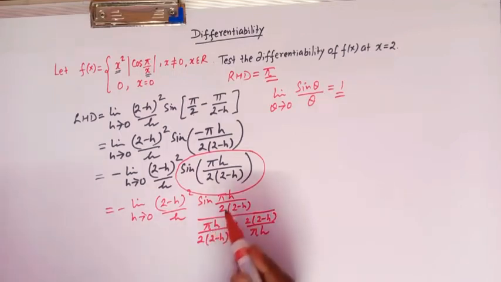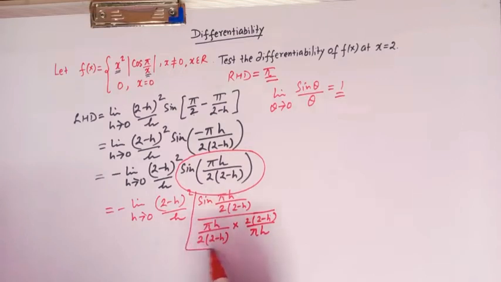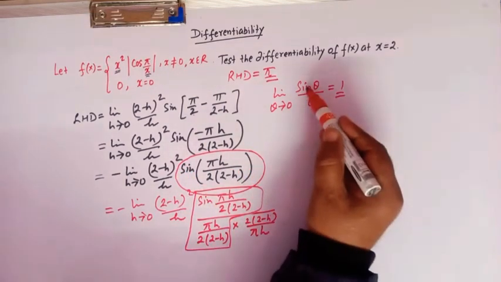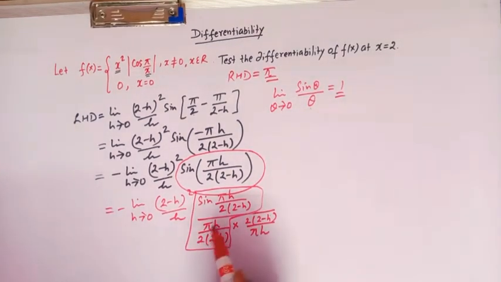So what we have done, we are trying to convert this term as sine theta over theta. So for this we have this term, and to neutralize this term we are multiplying it with its reciprocal, right?